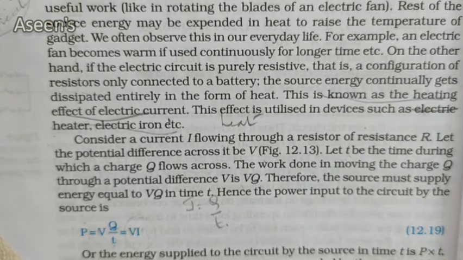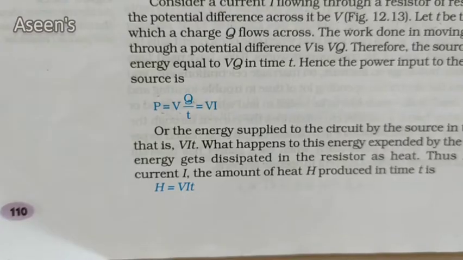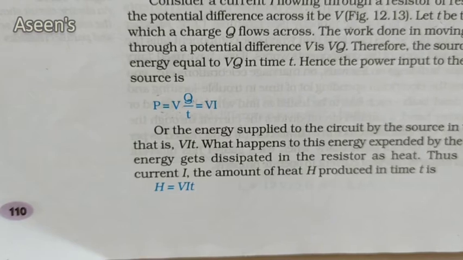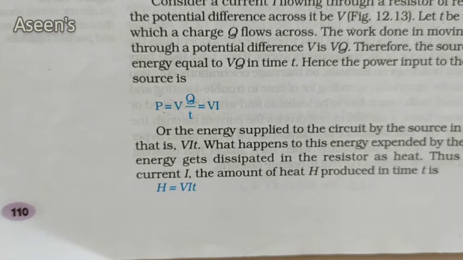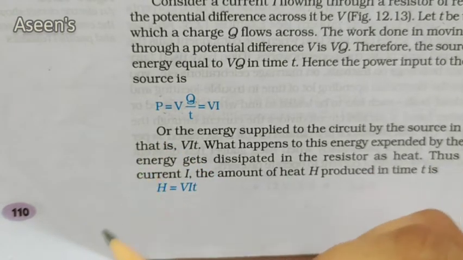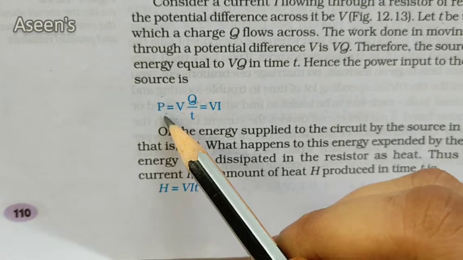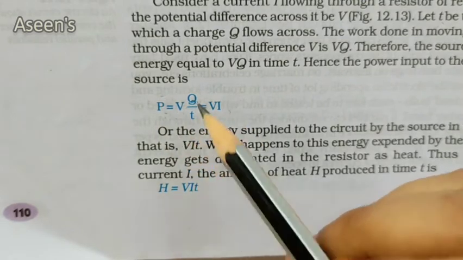Okay, so this is what we actually need. Next, let's see how we can derive a formula for the heat released. We're going to start with the power input, how much power you are supplying. This power can be calculated by two formulas.